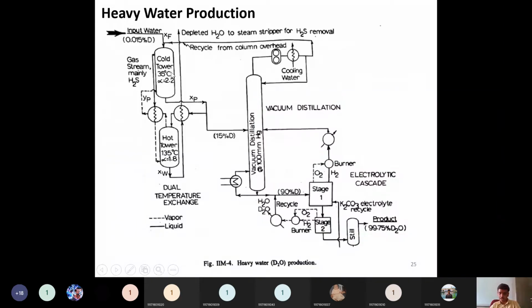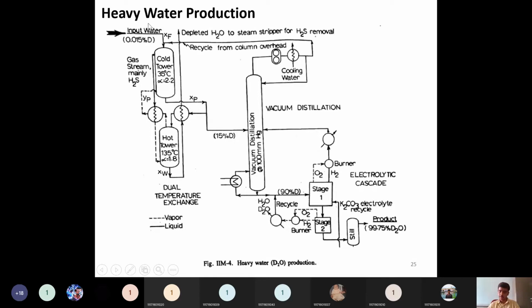Then this is a dual temperature exchange process. The dotted lines are the vapor line, and the bold lines are normal liquid. The gas stream is mainly composed of hydrogen sulfide in the gaseous phase, and the normal water in the liquid phase contains around 0.0143, or nearly 0.015%, deuterium.